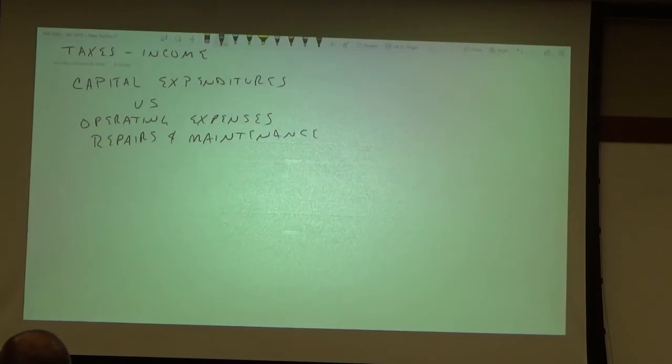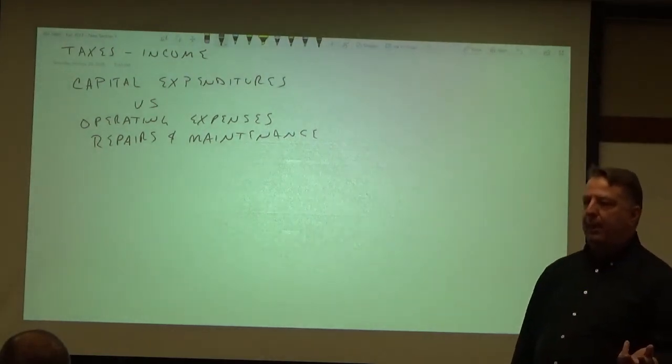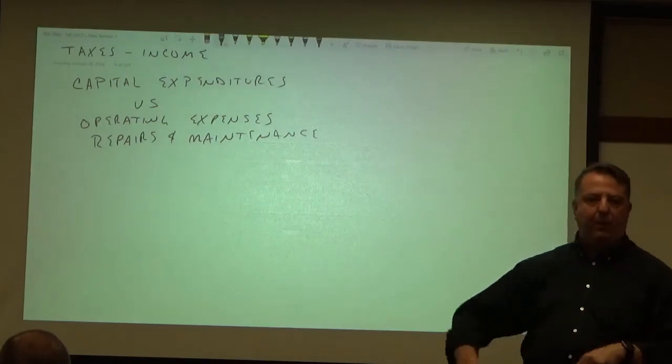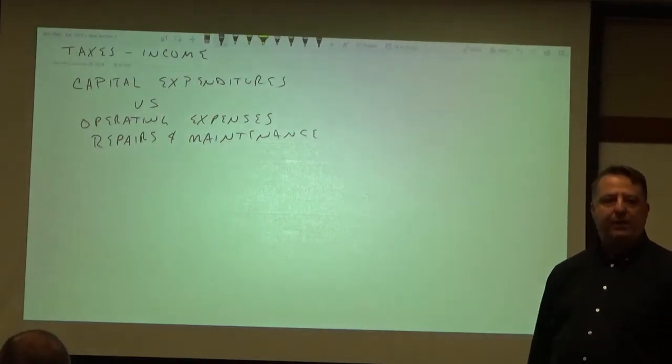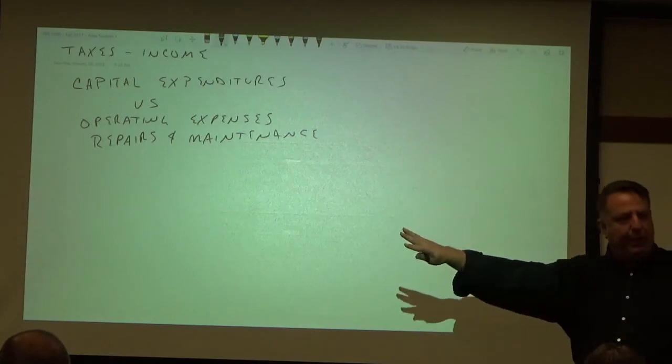We go along, we touch up the walls, okay? We see there's a stain in the carpet, we have the carpet cleaned. We see maybe the air conditioner is broken, but we're not going to replace it, we're just going to simply replace a part, okay? We see that maybe there's a hole in the roof, we're going to repair the hole, okay? Does everybody follow me on this? Okay, those are very simple extremes, okay?